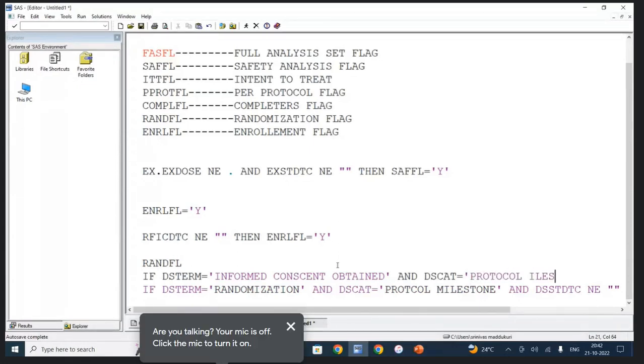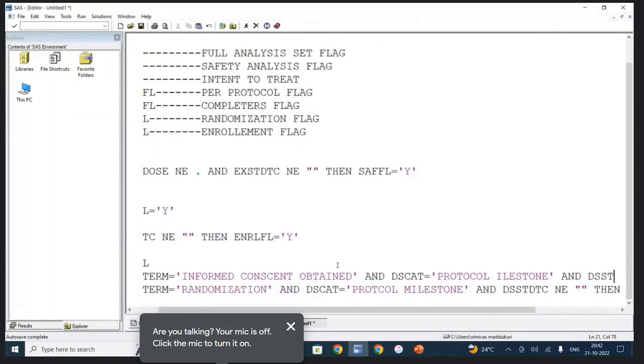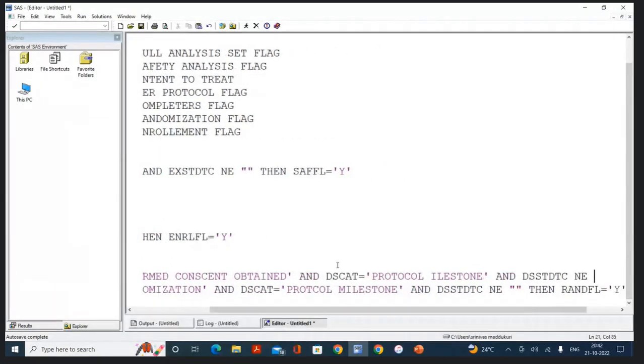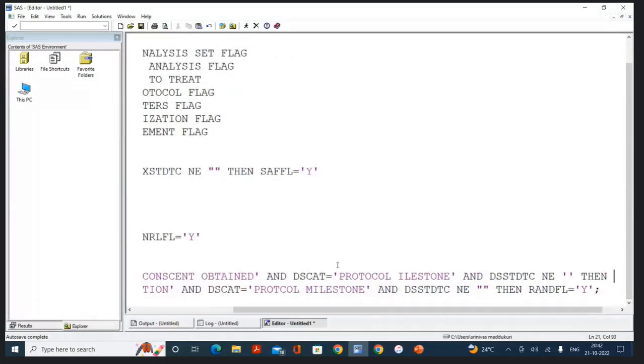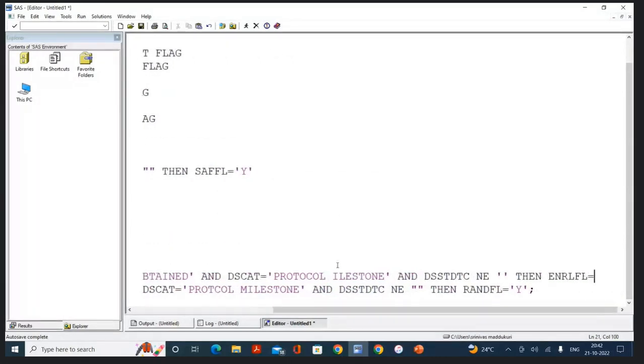Protocol milestone, and then DS SCDTC not equal to missing value. Then NRLFL is equal to what should we say? Y. Else NRLFL is equal to N. Are you getting that logic? Common logic? Clear, everybody?